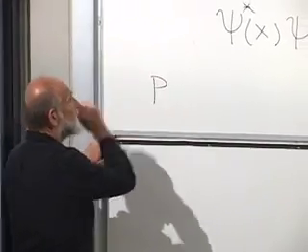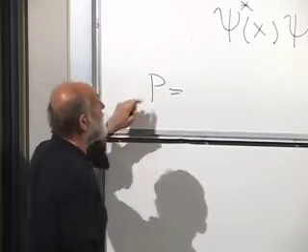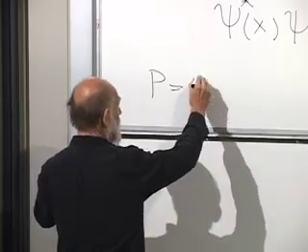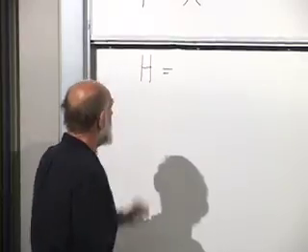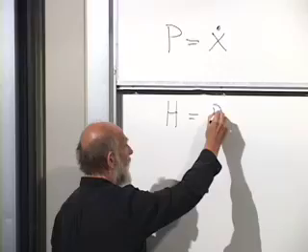That's just p, and canonical momentum is the partial derivative of L with respect to x dot. That's just x dot in this case. Very simple. P is equal to x dot. Okay, the Hamiltonian is p x dot.